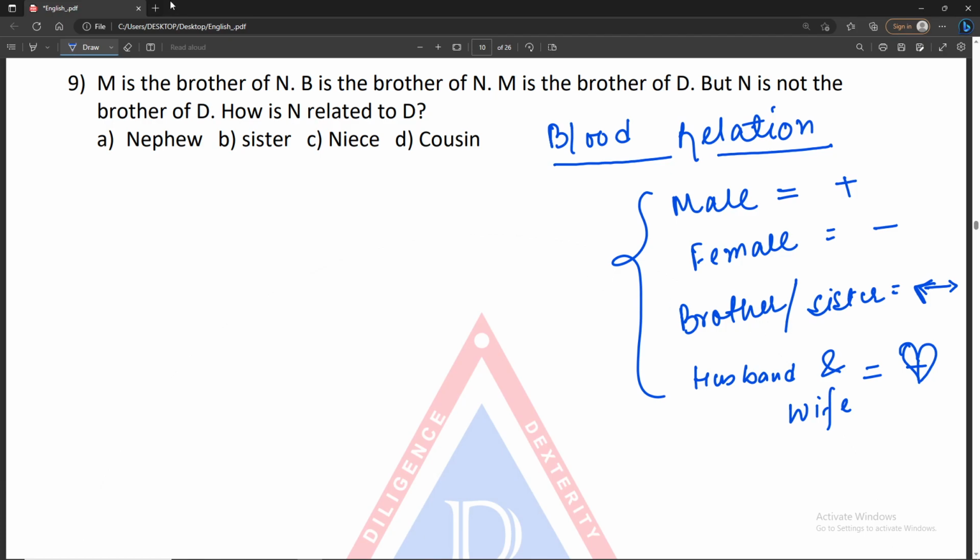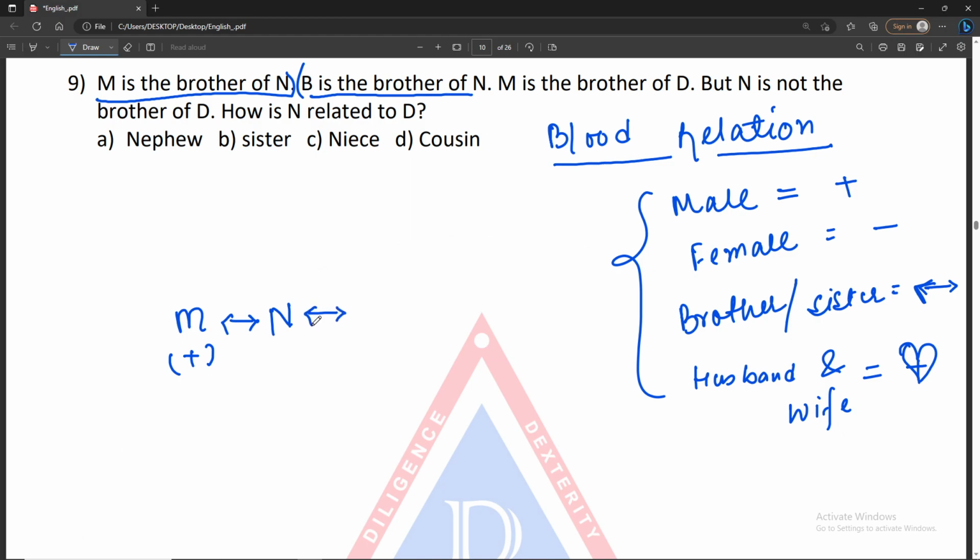So the question here is given, M is the brother of N. That means M is the brother. See, it's a male, it's a brother. That means sign for brother and sister, N. Okay. Next line it is said, B is the brother of N. B is the brother.